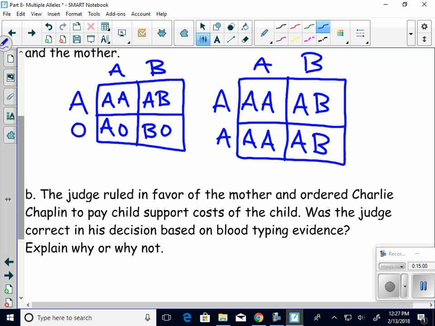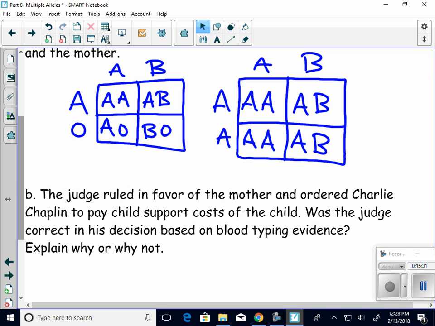Charlie Chaplin does not have an O in his blood type, does he? So, O is recessive. The only way that you can have a baby that has O blood is if both parents have an O, correct? Is it possible for Charlie Chaplin to have an O?